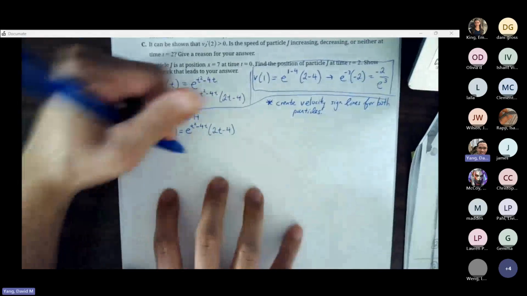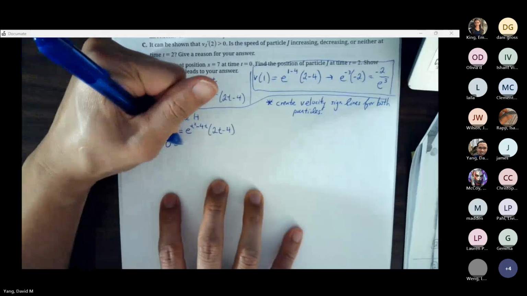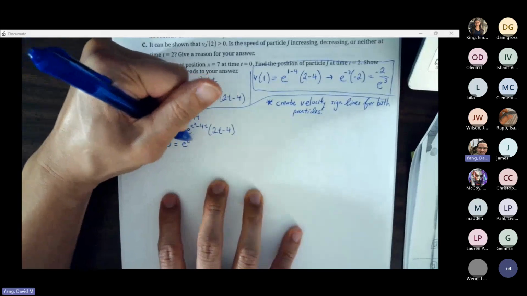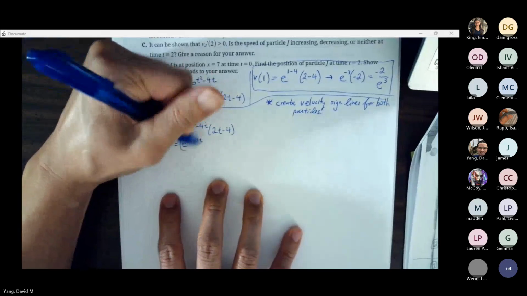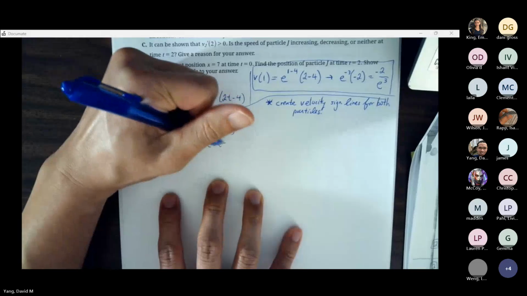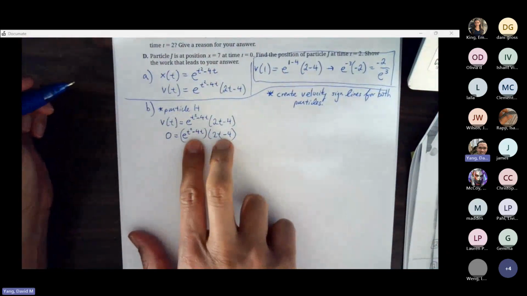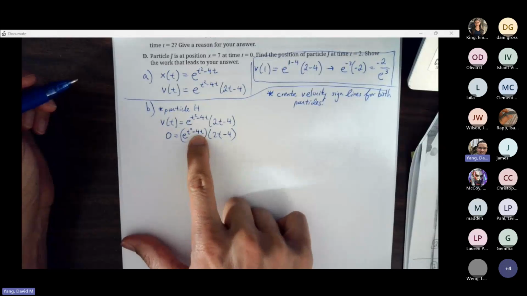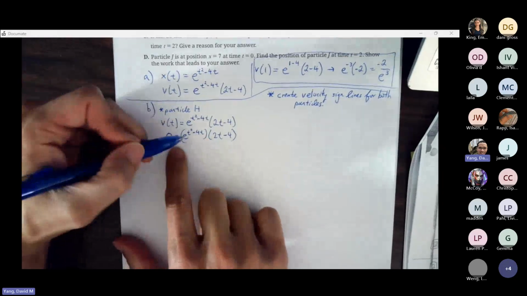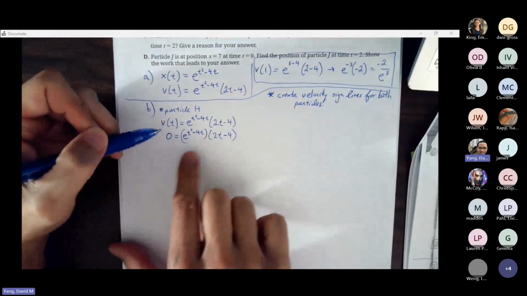Let me set v of t equal to 0 and see if I can find critical points. The nice thing is e to the anything is never equal to 0. No critical points are going to come out of it.